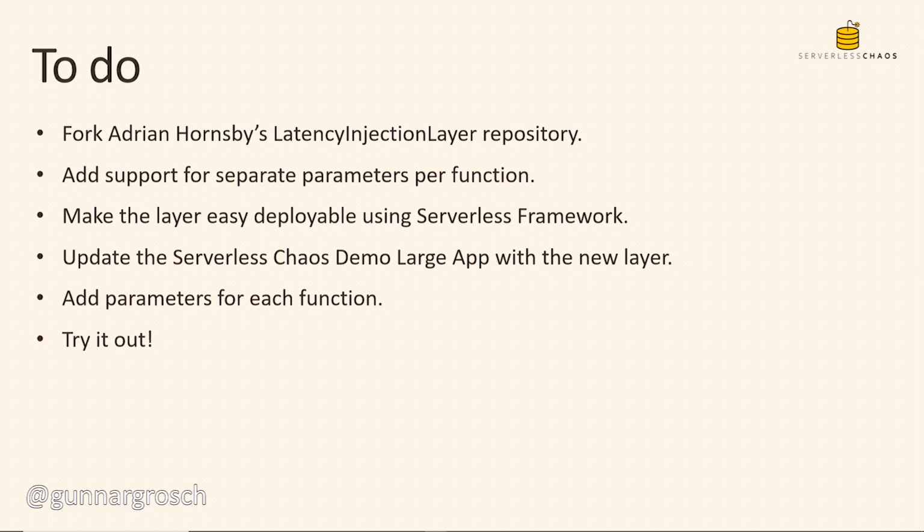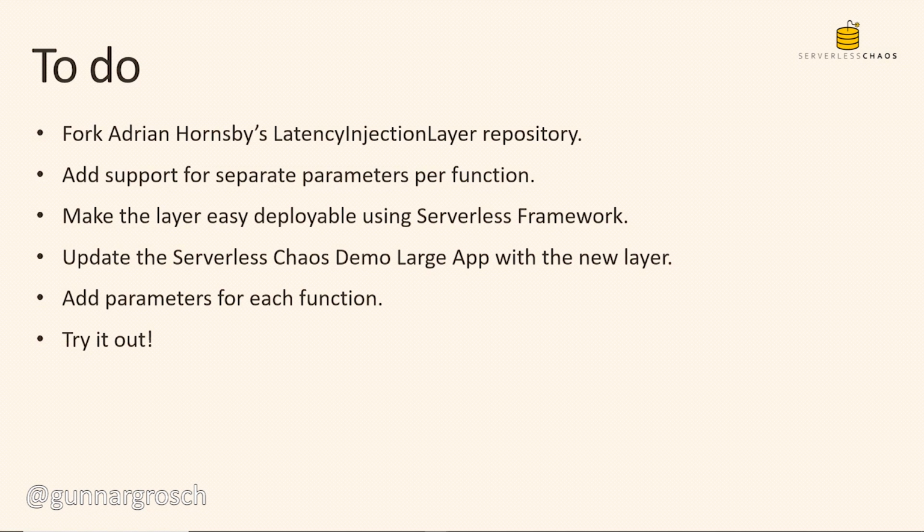So that in the environment variable, we'll put a name that points to a parameter. And we also wanted to make the layer easy deployable by using the serverless framework. So we just created a serverless.yaml file. And then of course we need to make sure that we have the serverless framework installed. Then we're just able to deploy it if all goes well.